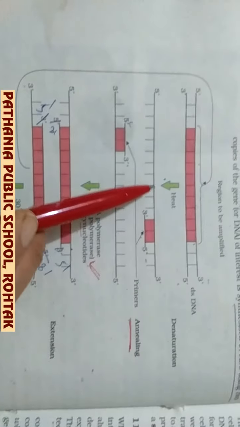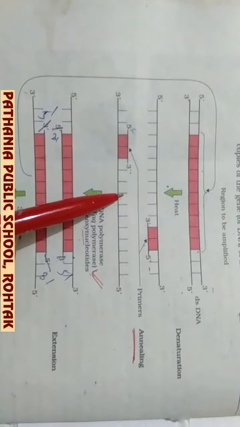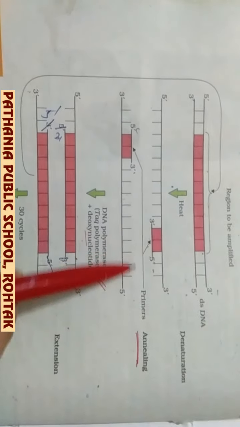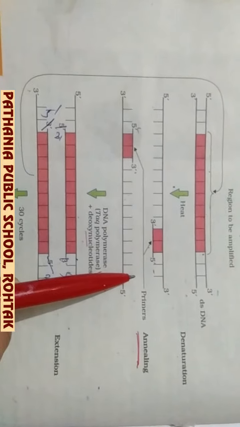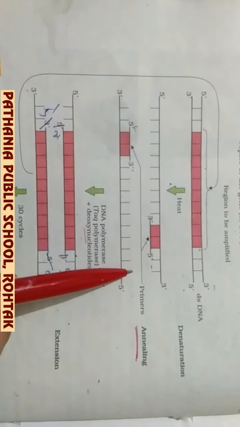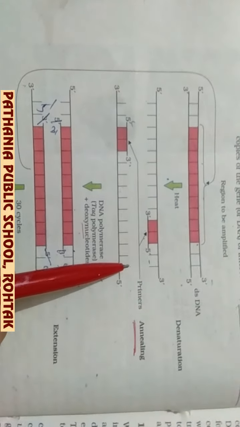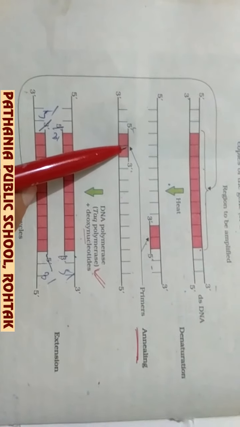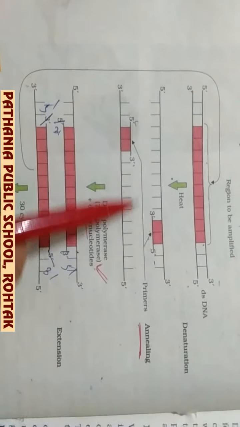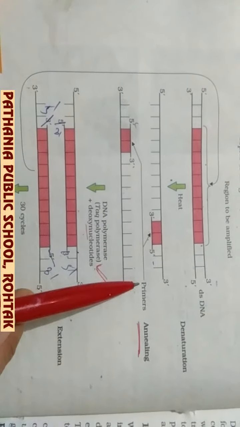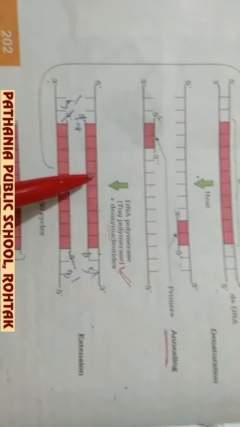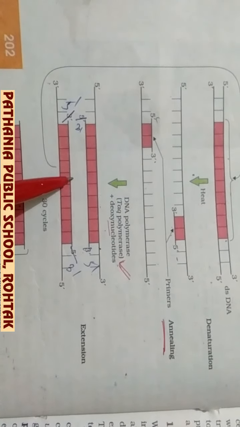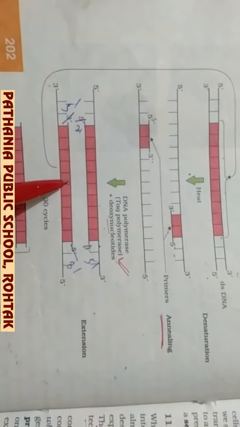As you know, these are the two templates of DNA, and to form the daughter DNA, one daughter strand is required. For that, nucleotides are required. They will be provided from the medium, but before that these primers are needed. Now DNA polymerase will extend these daughter segments, so that in front of these parent segments the daughter segments will form and two daughter DNAs are formed.